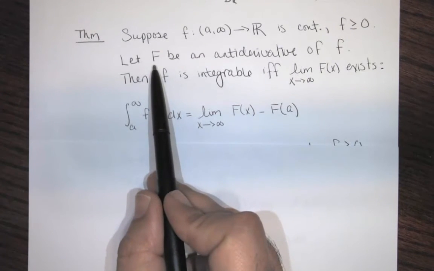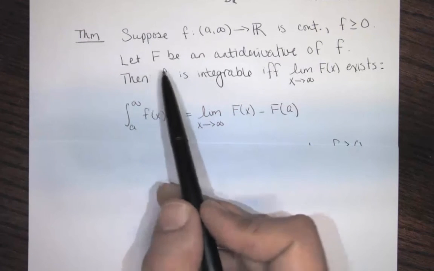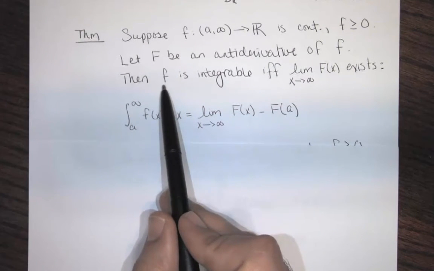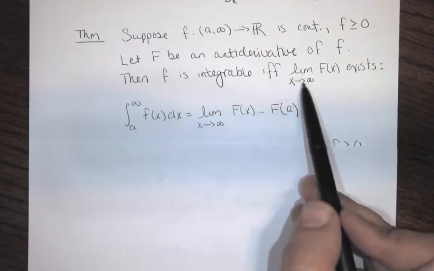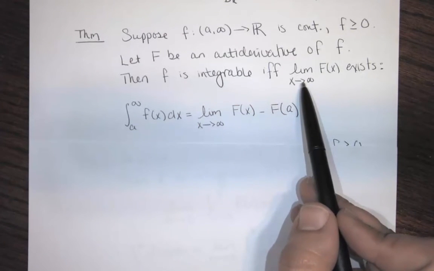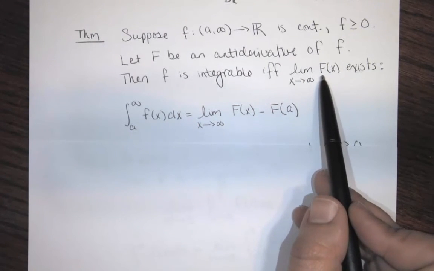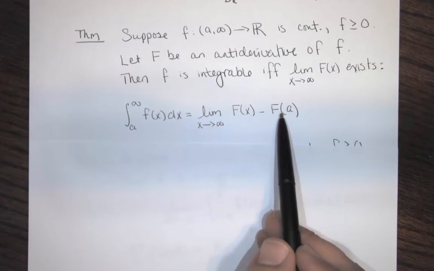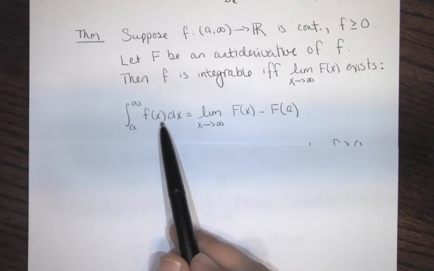Then f has an antiderivative, and f is integrable if and only if the limit as x approaches infinity of f of x exists. And if it does, that limit minus f of a equals my unbounded integral.